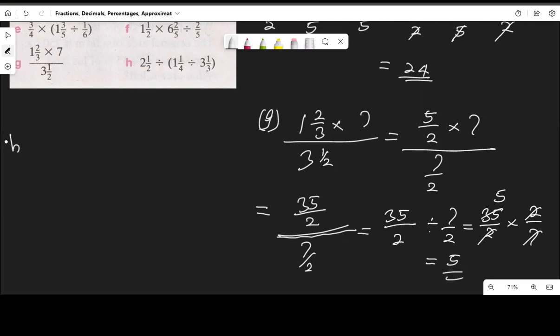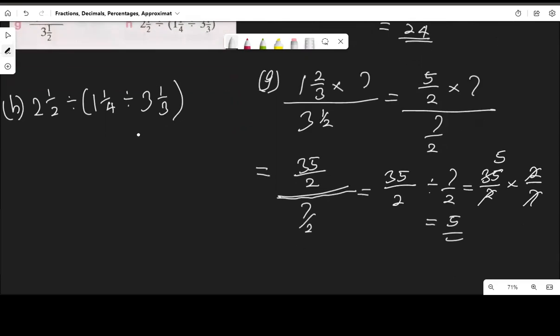Finally, question H, we have 2 whole number 1 over 2 divided by 1 whole number 1 over 4 divided by 3 whole number 1 over 3. Applying BODMAS, we need to solve the fraction in brackets. But before we do that, let's convert all the mixed numbers to improper fractions. 2 times 2 is 4. 4 plus 1 is 5.